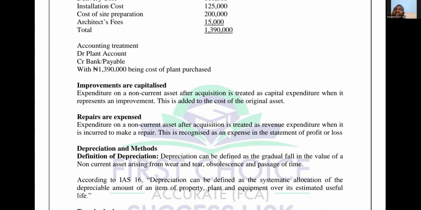Now, revenue expenses. These are expenses used for maintenance purposes. They are expenditure on a non-current asset after the acquisition, used to maintain and repair it. Maintenance and repair of the motor vehicle will be revenue expenditure.